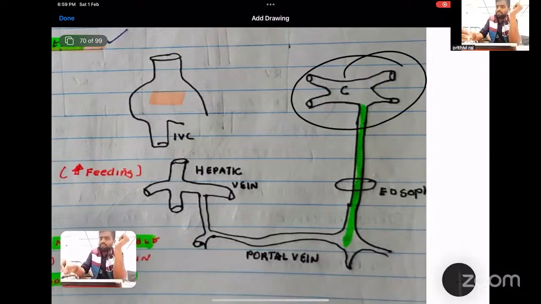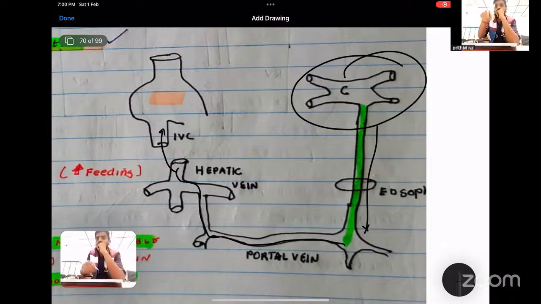This common chamber will pass through the esophageal opening in the diaphragm, and then they will pass to the portal vein, right? Then to the hepatic vein, and then they will drain into the IVC. So they drain in the IVC.